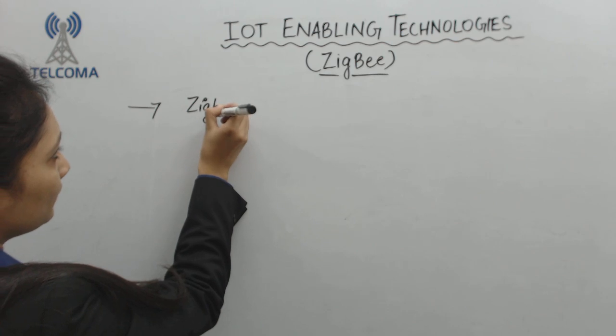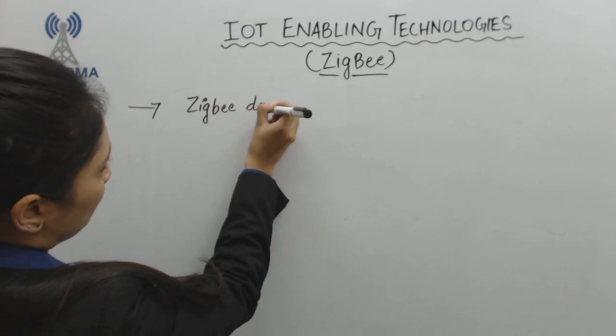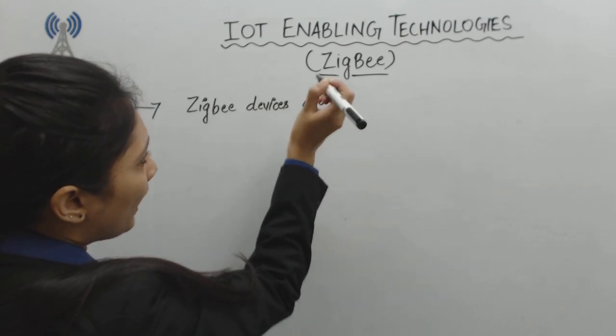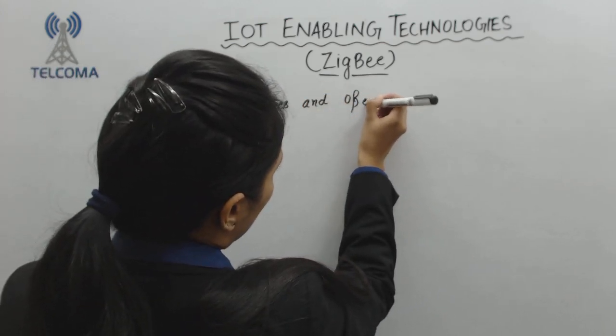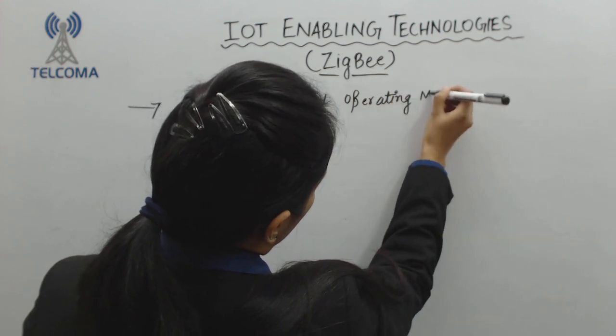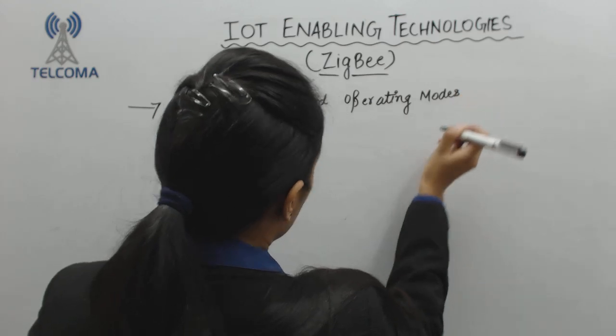So next, what we have here is the Zigbee devices and operating modes here.